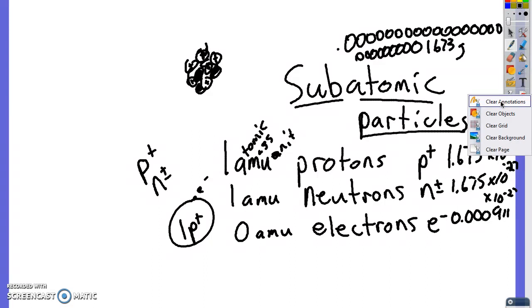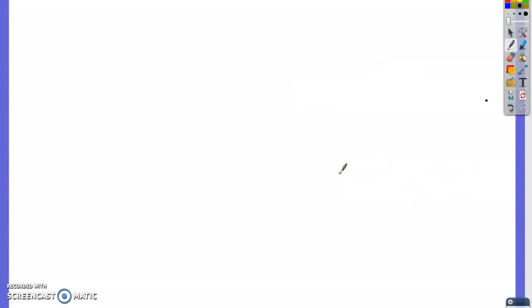Now let's talk a little bit about the electrons. Let's say we're going to make an atom here, and let's make it oxygen, which has 8 protons and 8 neutrons. I could draw all the little circles for those, but I'm not going to. I'm just going to leave that to represent that. Now the electrons circle around that, kind of like the moon circling around the sun, but instead of gravity, we're talking about electrical charges that are attracted.